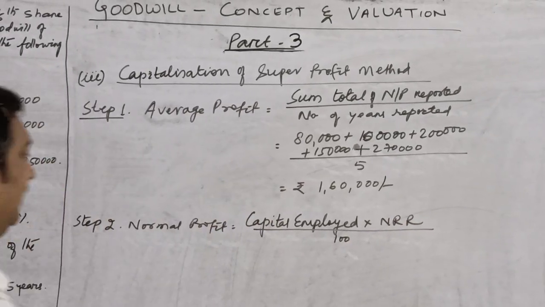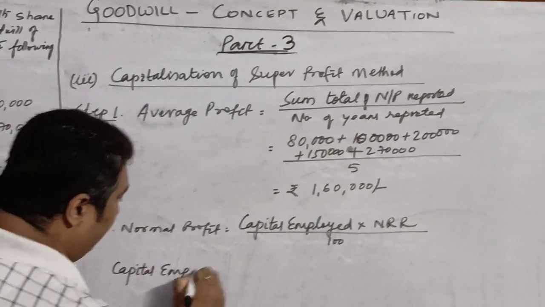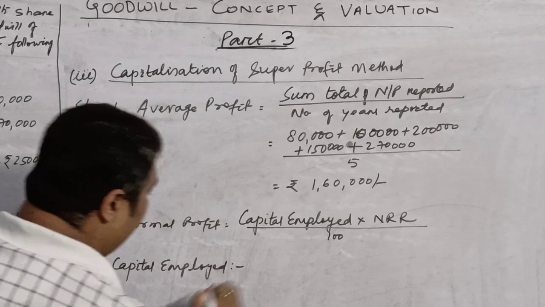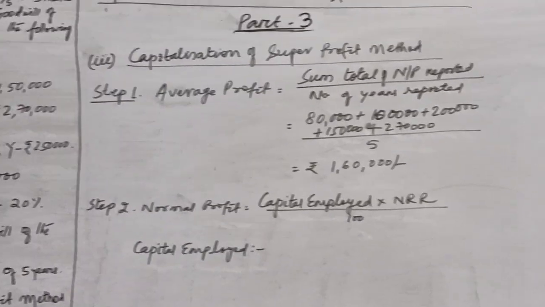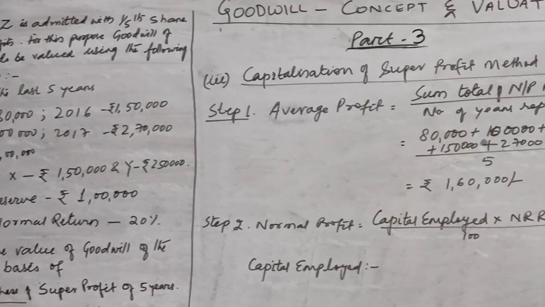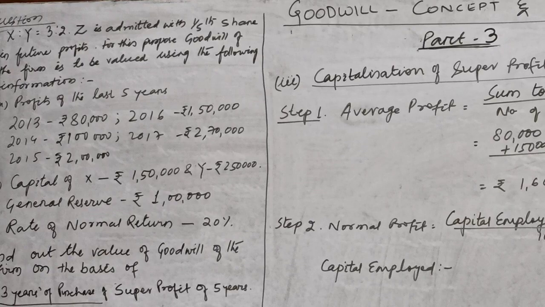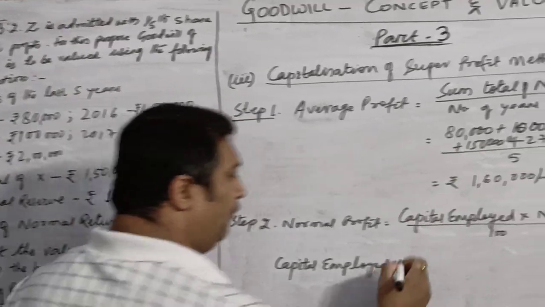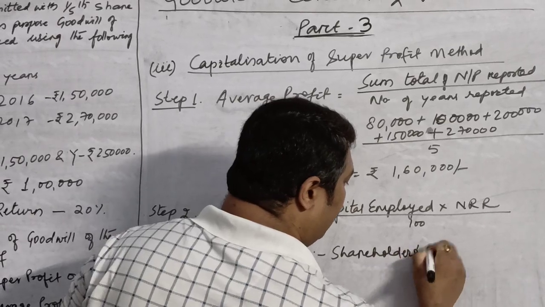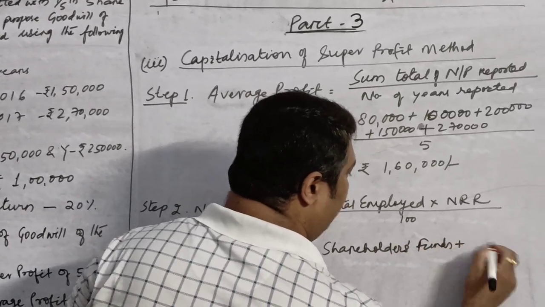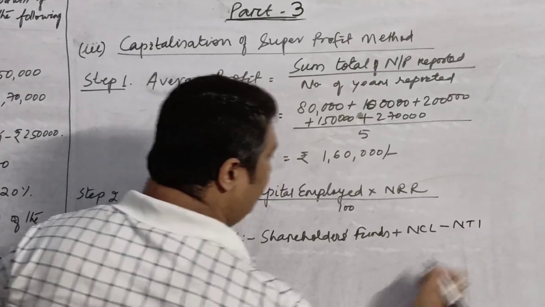Now before we calculate the normal profit, we'll find out the capital employed. Though in the previous method we had discussed it, that is rubbed off. So once again I'm explaining that in this particular question we are provided with the information of the capitals of both the partners and reserves and surplus. So we will use the formula shareholders funds plus non-current liabilities minus non-trade investment.